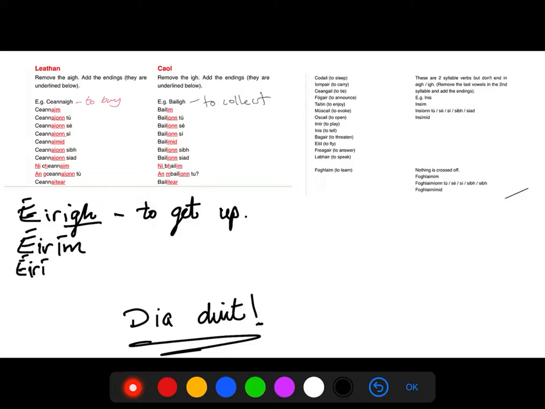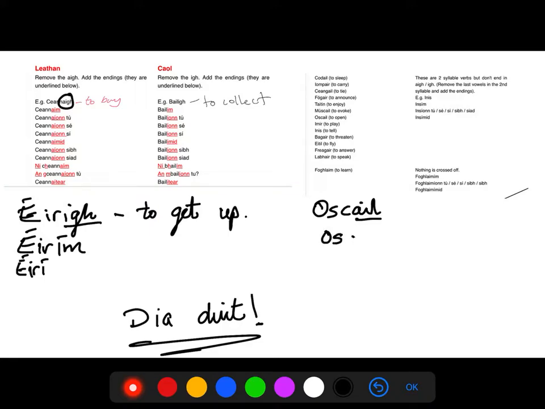So let's take one, Oscail, to open. Okay, so it ends in AIL. So because it has the AI, I know that it's broad, just like over here. So I'm going to use the broad form of it.